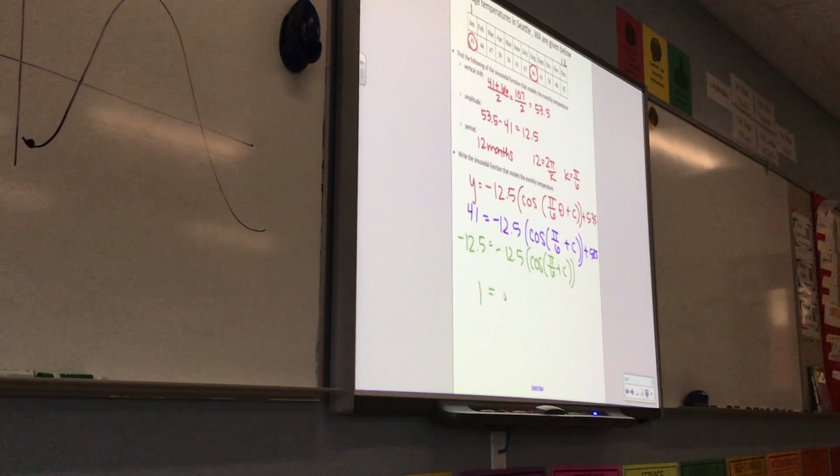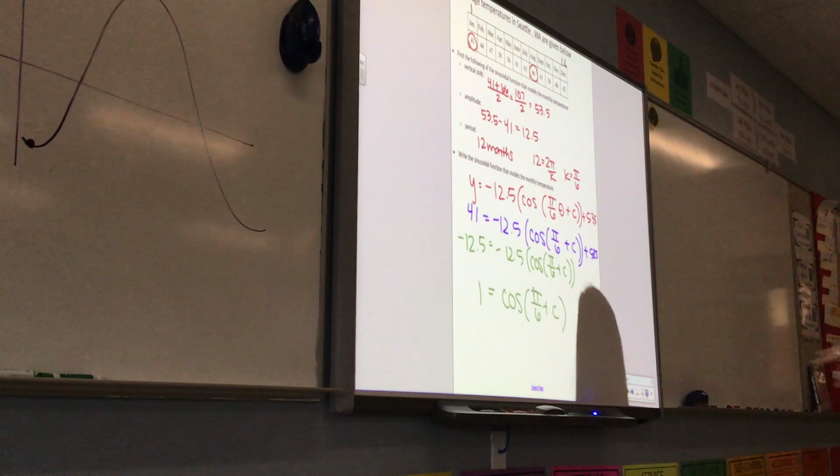This should always come out pretty, as long as you use the same thing. It should always come out pretty. Now what do we do? How do I undo the cosine so that the C is kind of free?